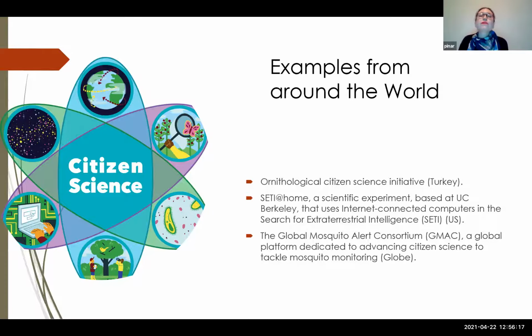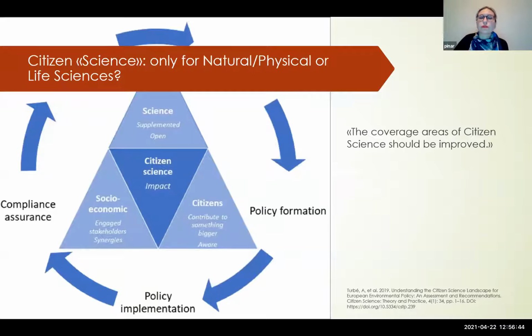And we have a lot of US-based ones. For example, the search for extraterrestrial intelligence is an example of citizen science work. And there is the Mosquito Alert work, again part of citizen science, and it is a global one. As I said earlier, there are a fair number of examples from around the world.